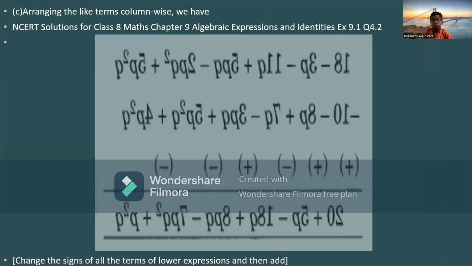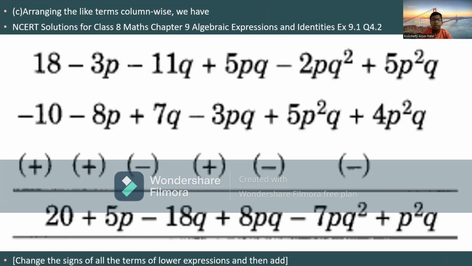Yes, this is of course the last one. Let's do it. So the question is, you have to take the term 80 minus 3p minus 11q, so let's take it all in. This is a printing mistake.